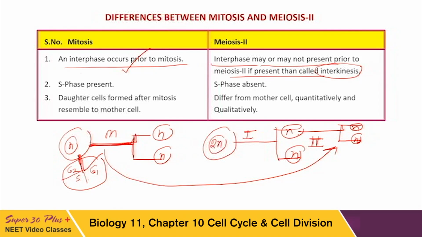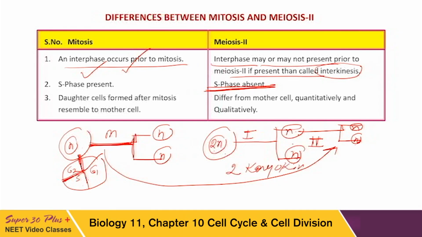Here S phase is essential, because DNA duplication is very much essential. Here, because the DNA has been halved, at this stage S phase is completely absent. That's why it is said that meiosis consists of two karyokineses.